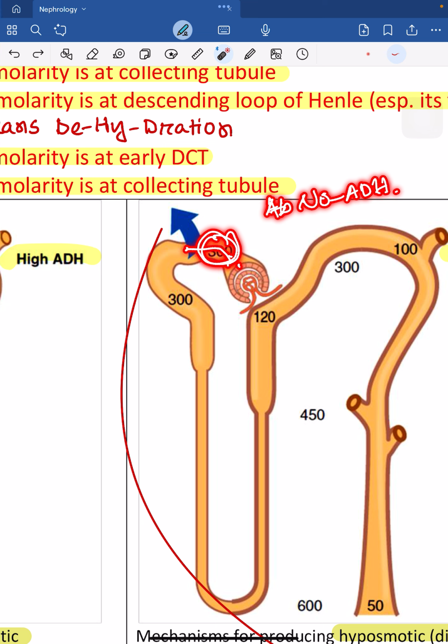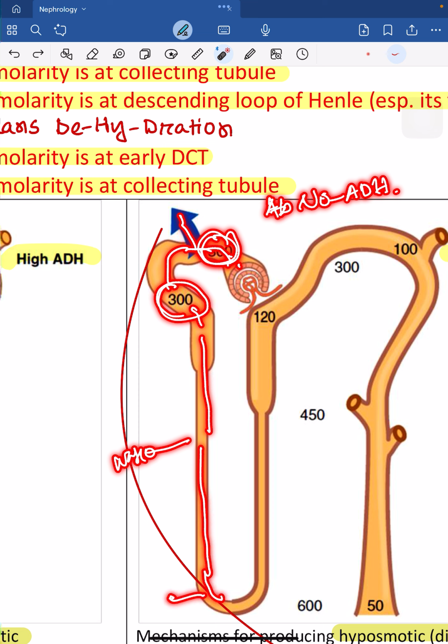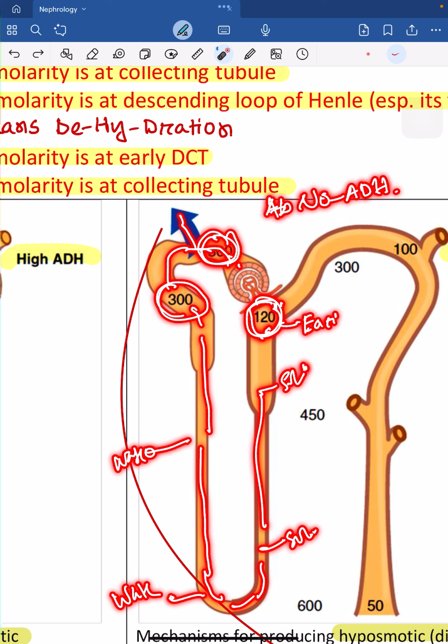In the proximal convoluted tubule, both water and solute are out, so concentration remains the same. Here water is out. Now solute is out. So 120 milliosmol per kg is the concentration at the early distal convoluted tubule.